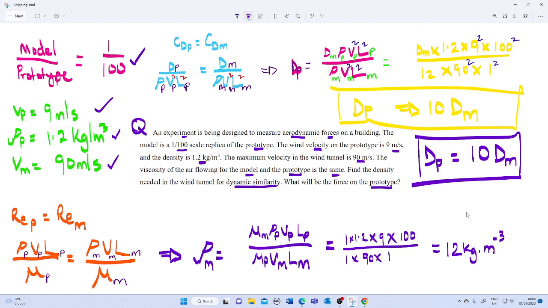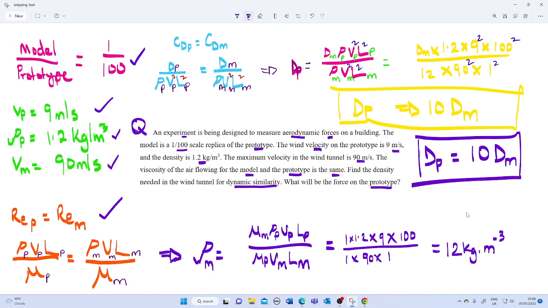Now, by comparing the similarity equation of the Reynolds number of both the prototype and the model, we have this particular equation. Don't let us forget that Reynolds number is the ratio of rho V L over dynamic viscosity.